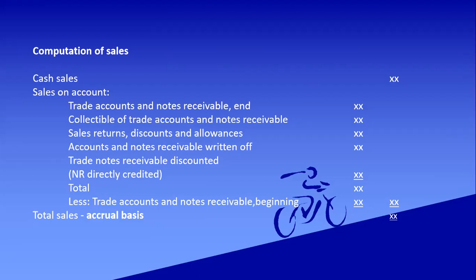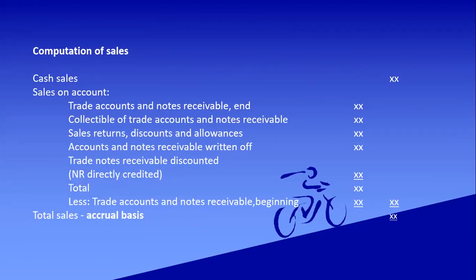Notes receivable is directly credited. From the total, we deduct trade accounts and notes receivable beginning. Then we get your sales on account. Adding it to the cash sales, we have the total sales under the accrual basis.